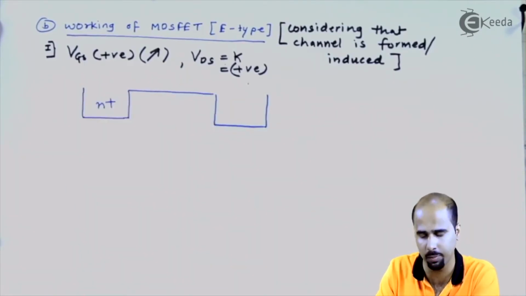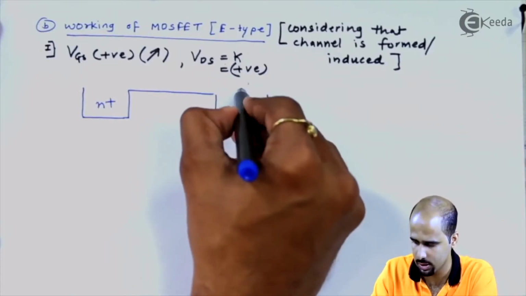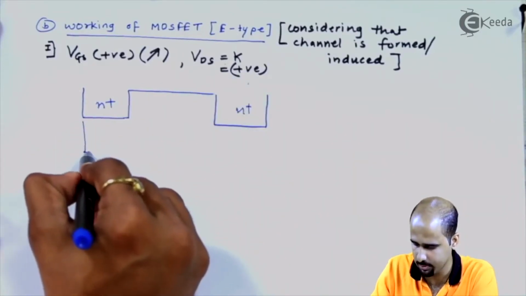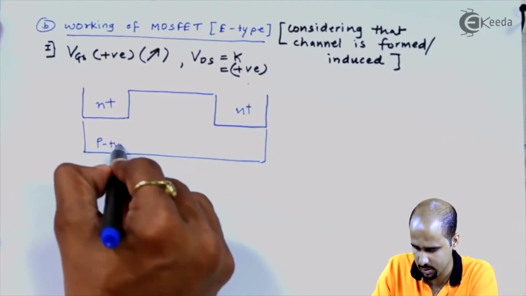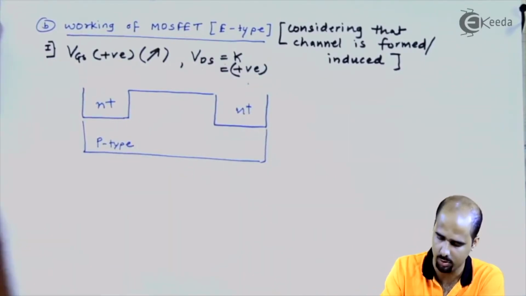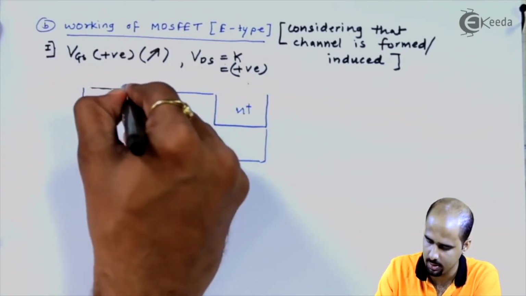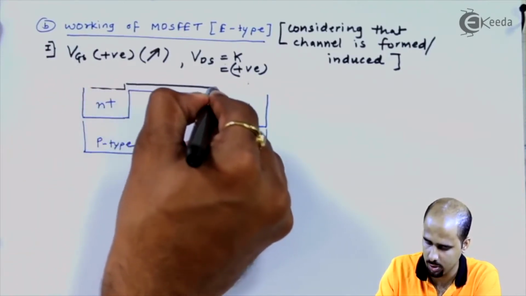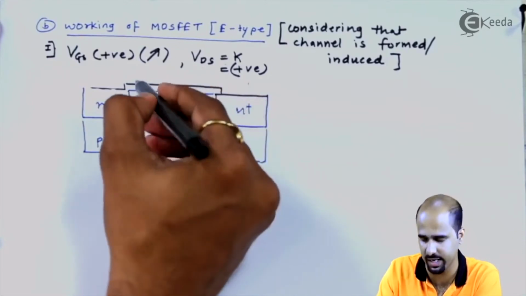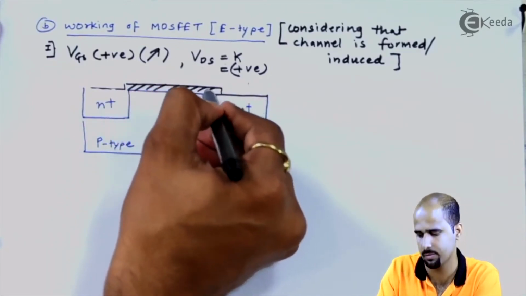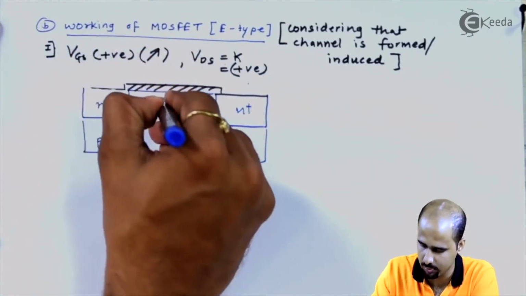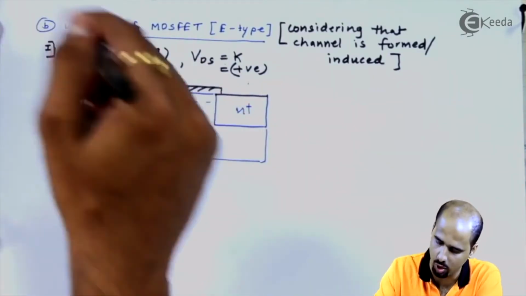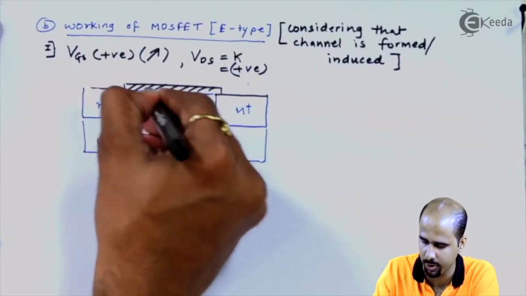This is N plus, N plus, and this is completely the base, that is P type. Here I will be getting an oxide layer, and below that I will be getting a channel where all the electrons are present.